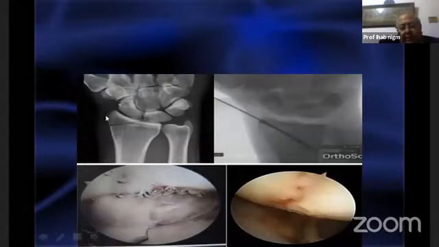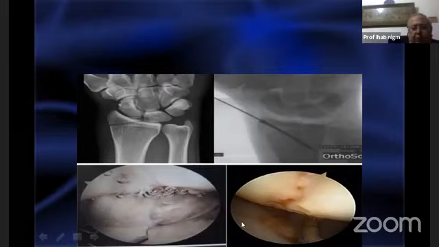This is an example of how to fix a radial styloid fragment with a cannulated screw and guide this procedure through the arthroscope to see that the articular surface is reduced properly.